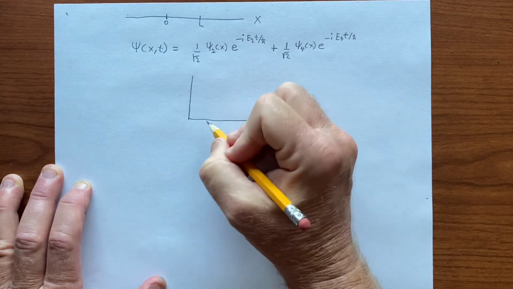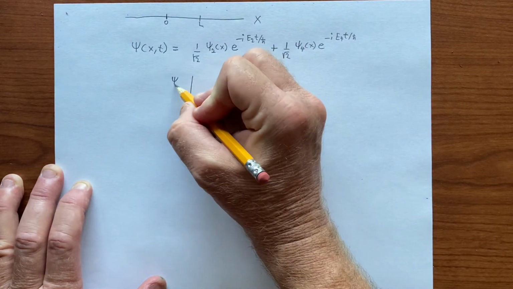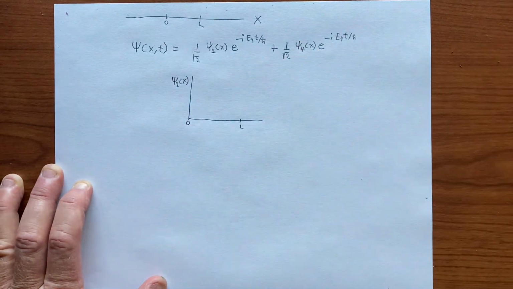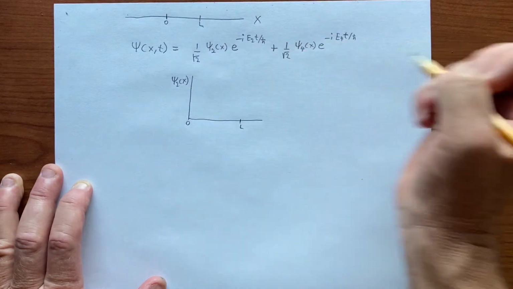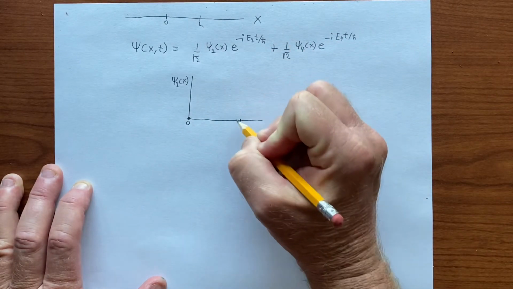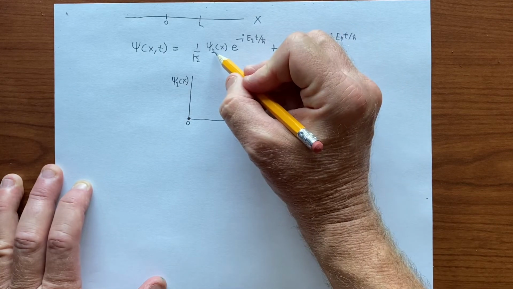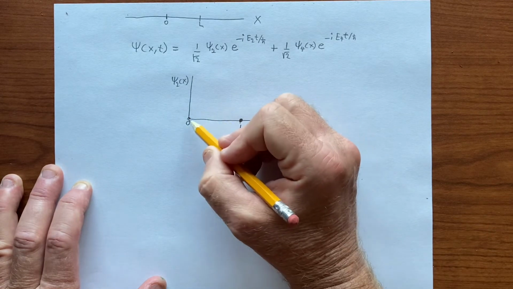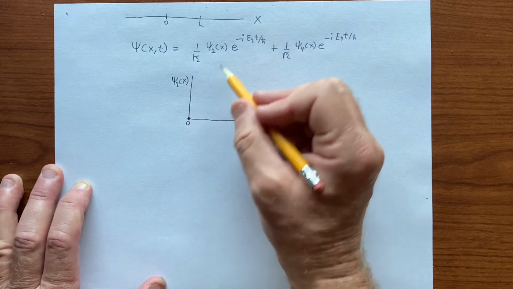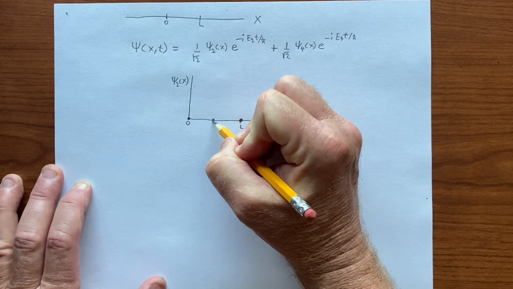Between 0 and L, we've plotted these before, psi 2 of x goes like sine of 2 pi x over L. We know that all these functions vanish at 0 and L. This is the first excited state, so the lowest state has no nodes, just goes to 0 at the extremes. This one has one node, so it goes to 0 in between.